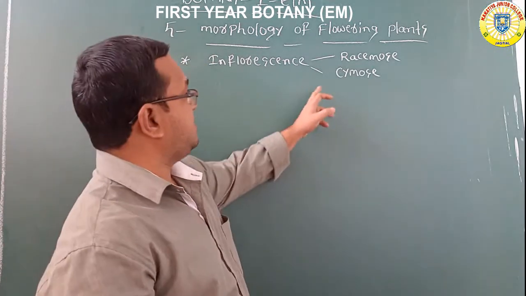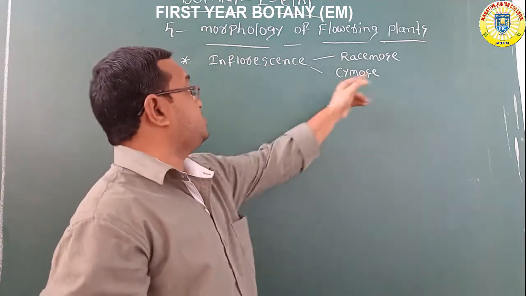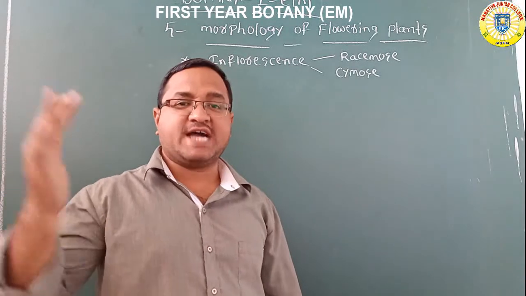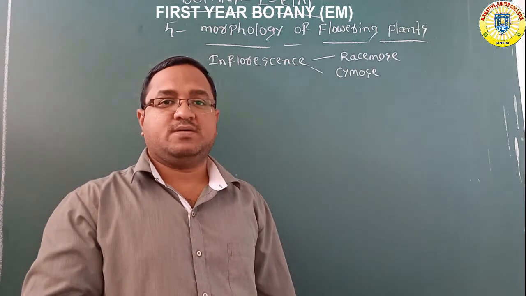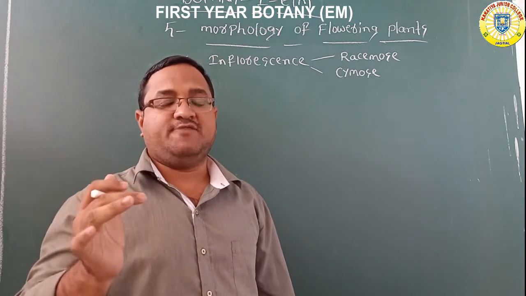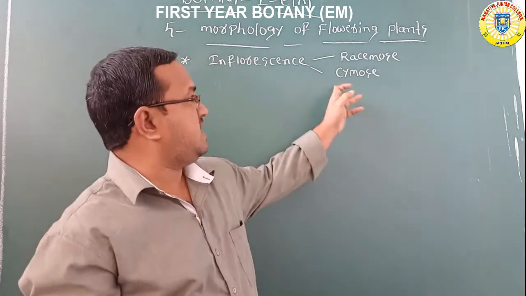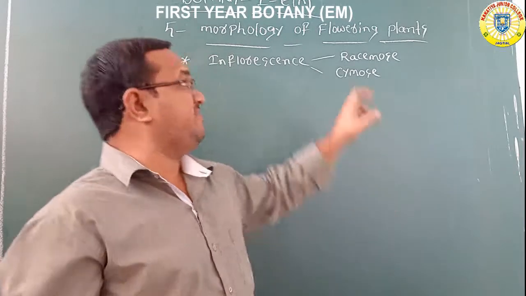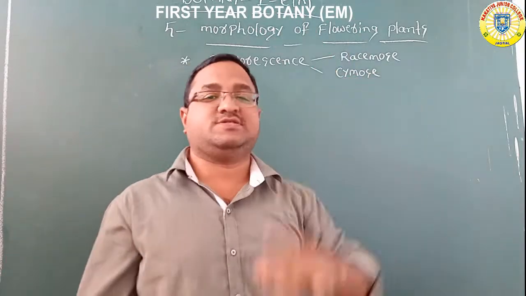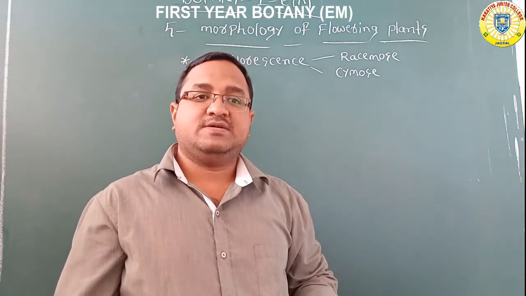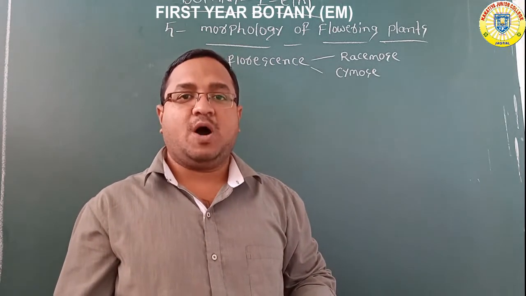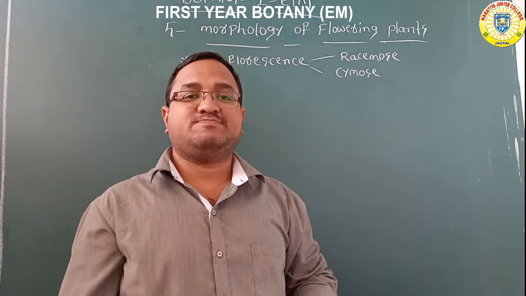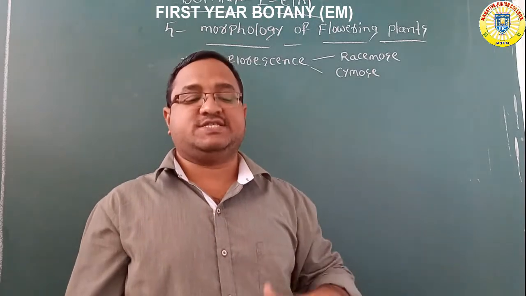Whereas in cymose inflorescence, the floral axis ends with a flower. So yesterday we completed the six types of racemose inflorescence: simple raceme, corymb, umbel, spike, spadix, and head inflorescence.